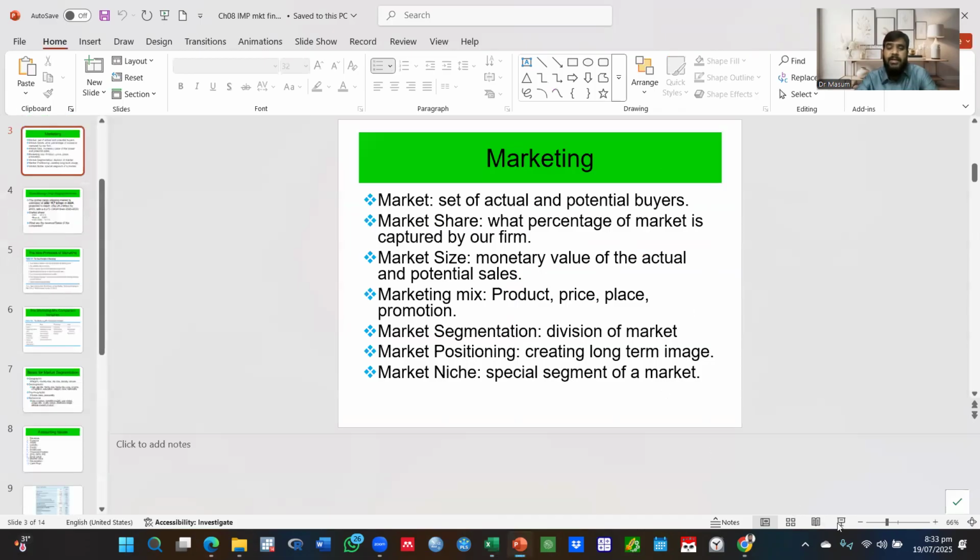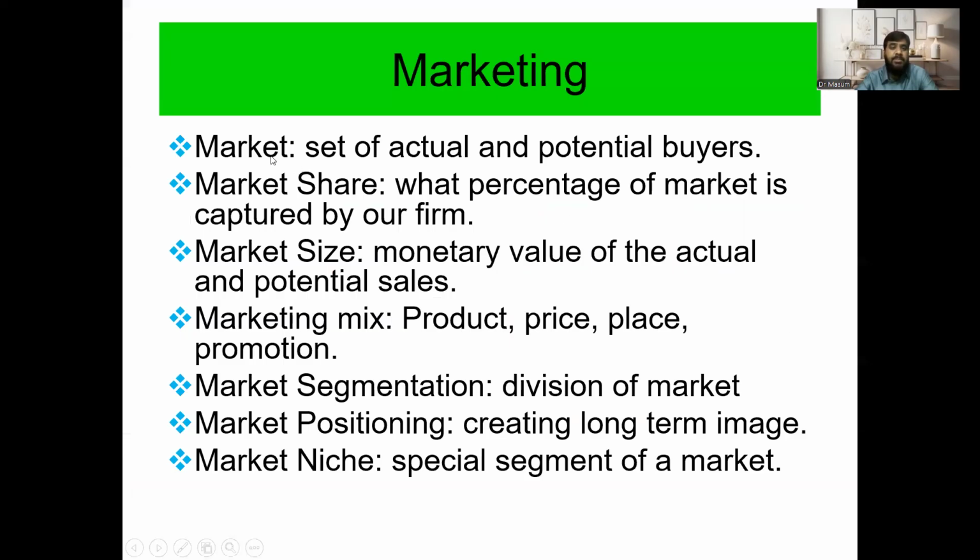So the idea of market is clear, I think. What is market, and what is market share, is also clear. What percentage of market is captured by your firm? Market size is the monetary value of the actual and potential sales, 16 billion or 15 billion.